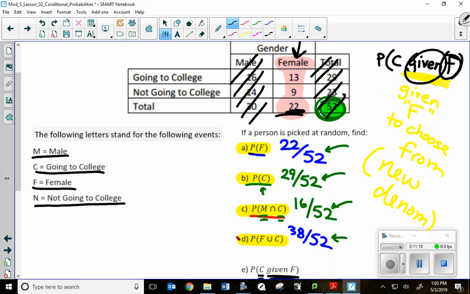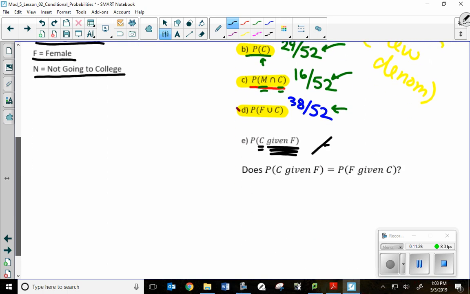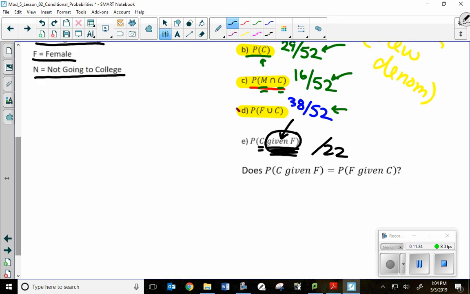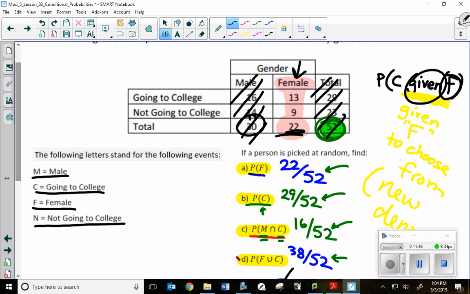If I am only given females, that means my answer is going to be out of 22 because that is the pool of individuals that I am given to choose from. Whatever they give to you to pick from, that's it. I no longer have males to pick from. I don't have these 30 males to pick from. Bye-bye. They gave me females. That means I only have out of 22.